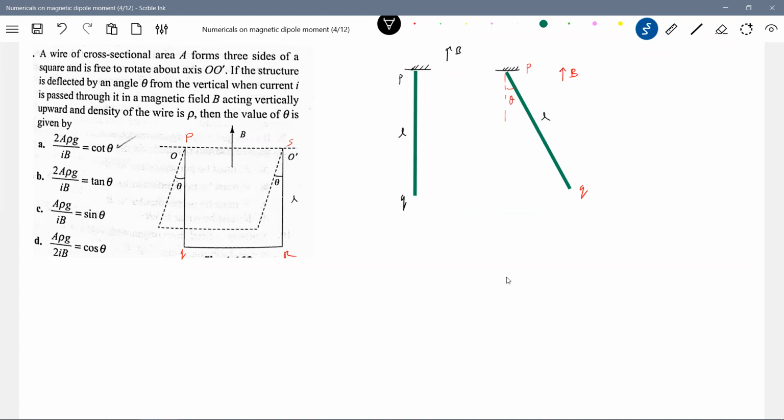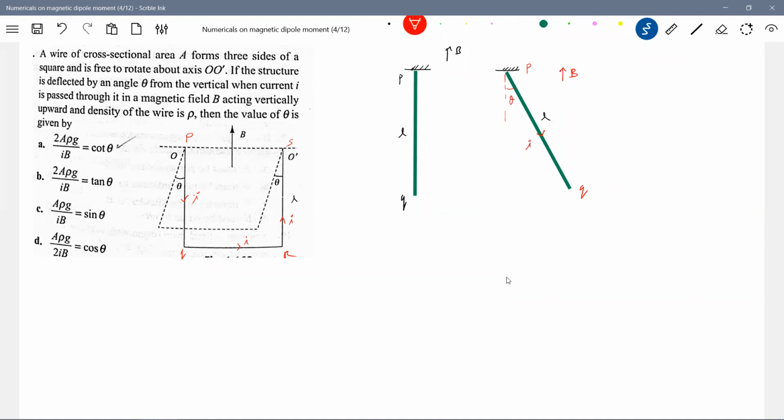Now, what will be the force acting on the rod PQ? With B bar and current I, let's assume that somewhere the current comes here. The current I will be in this direction.